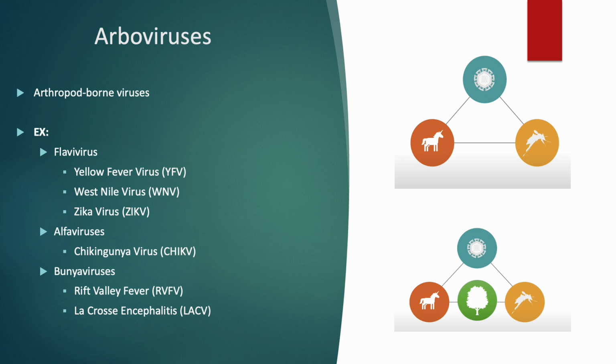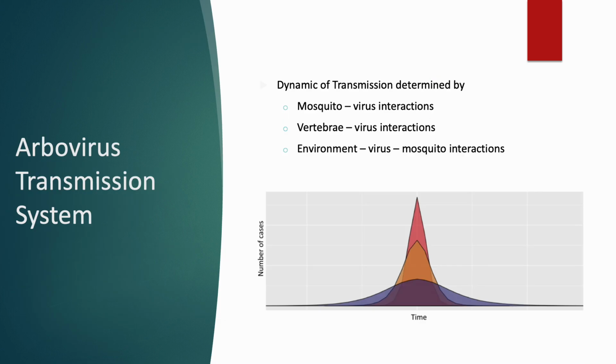I'll explain further how it acts on this interaction of vector, vertebrate, and virus to shape how an epidemic might look. Having the arbovirus transmission system, when we cover epidemic shapes, we will see a shape like this image.